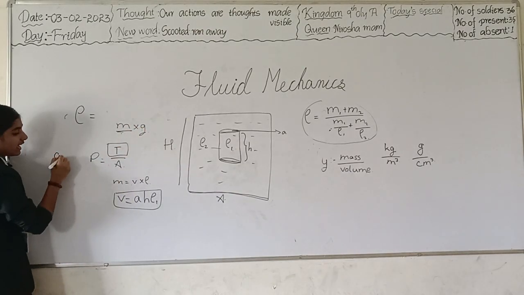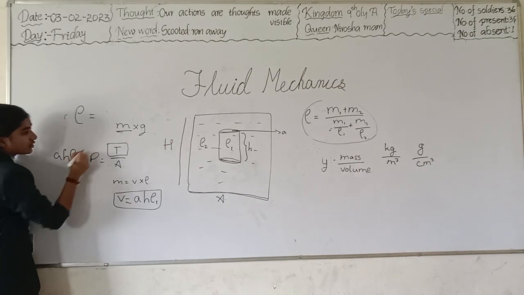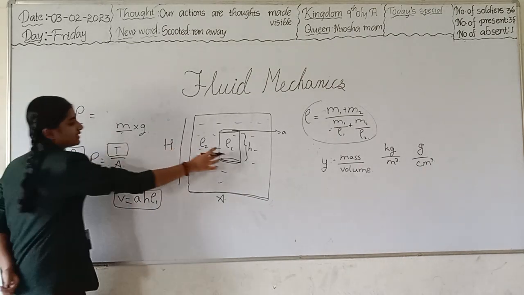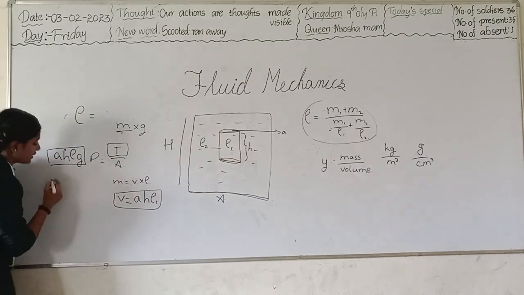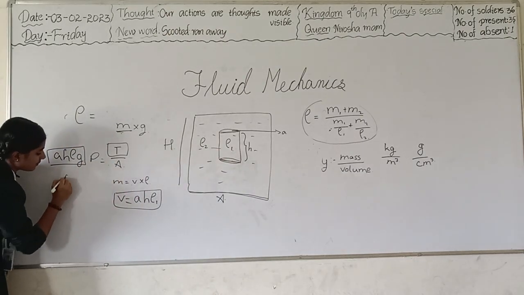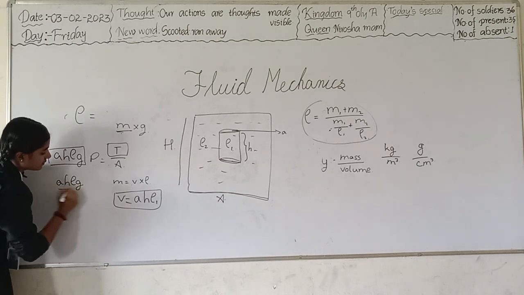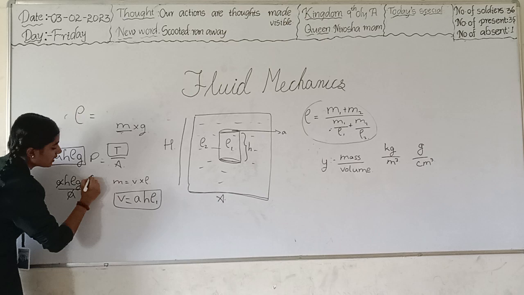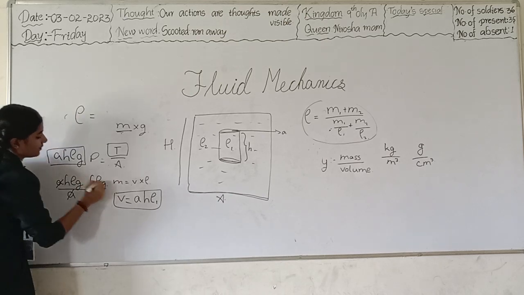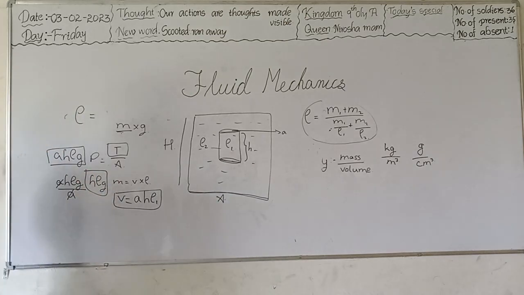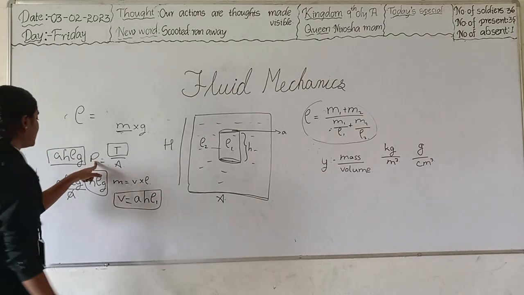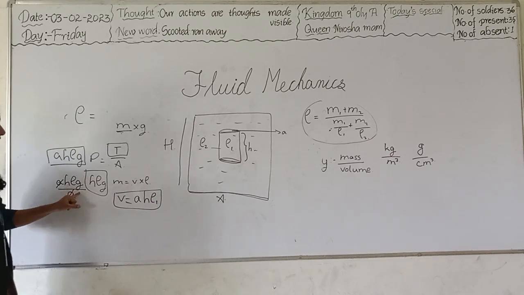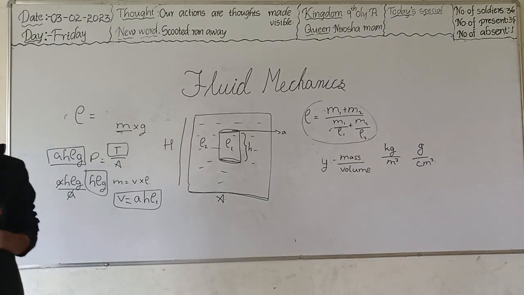We write it as AH rho G. This is the value of thrust in this case. And to find the pressure, we divide it by area. So A gets cancelled and it will be H rho G. So by this we can tell that pressure is dependent on height, density, gravity and independent of area.